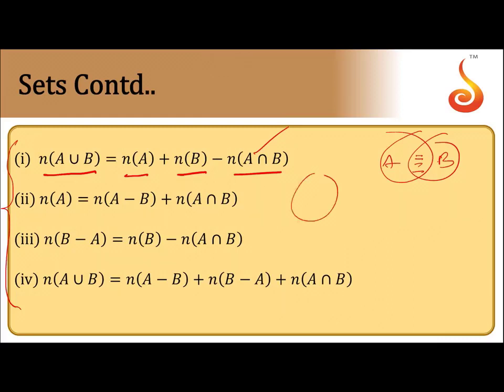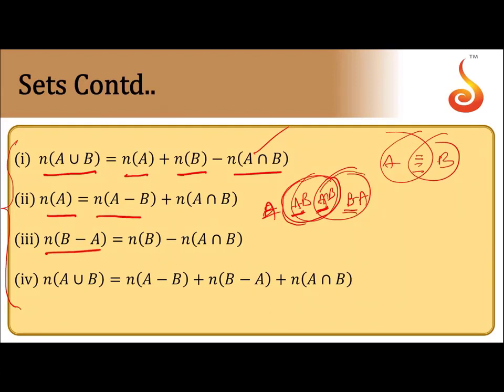Same way, from the diagram you can clearly see that this portion is A minus B, this is A intersection B, this portion is B minus A. The number of elements in set A is A minus B and A intersection B put together. So n(A) is equal to n(A minus B) plus n(A intersection B).